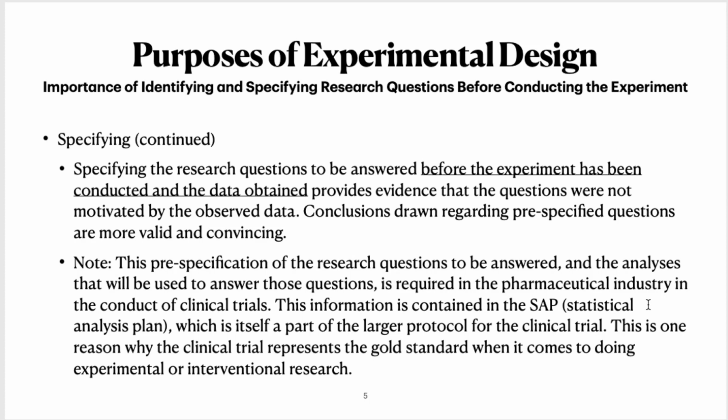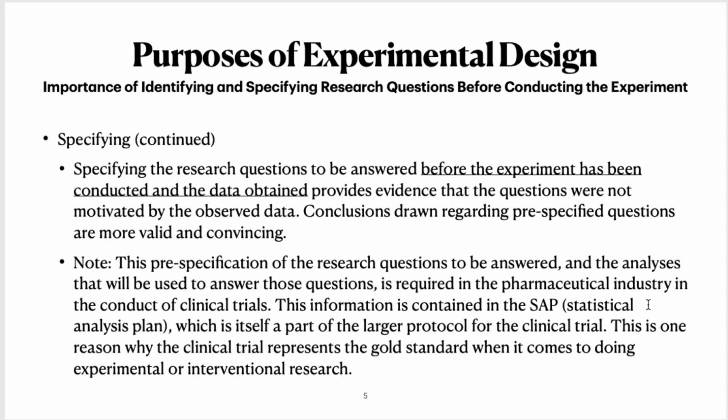contained in what is called the SAP, the Statistical Analysis Plan, which is itself a part of a larger protocol for the proposed clinical trial. So the protocol talks about the entire proposed clinical trial. Part of that is this document called the Statistical Analysis Plan, which goes into a great deal of detail about the statistical aspects of the experiment or the clinical trial.